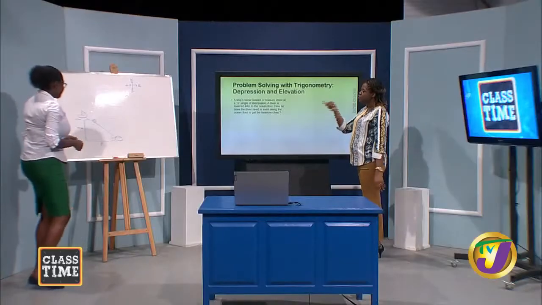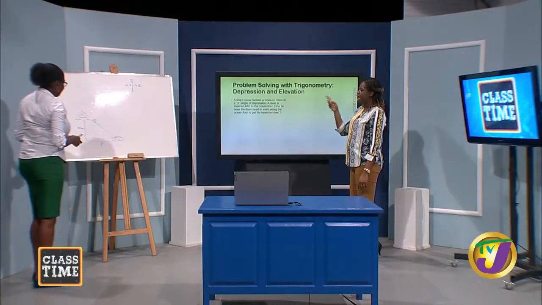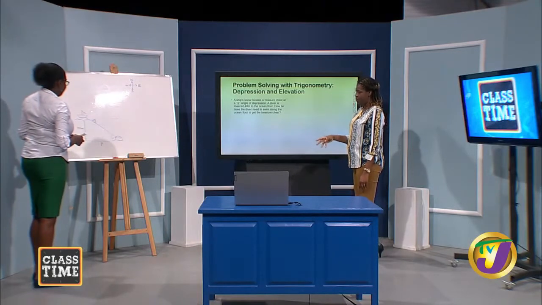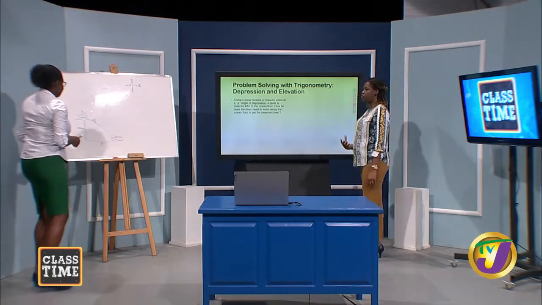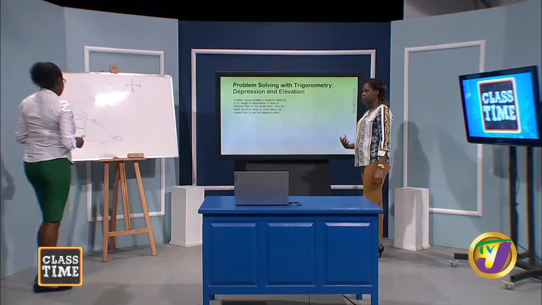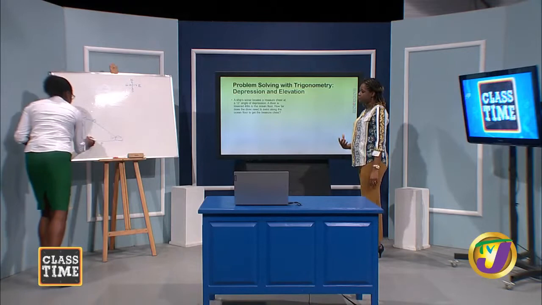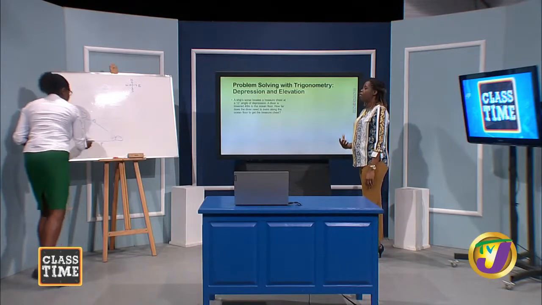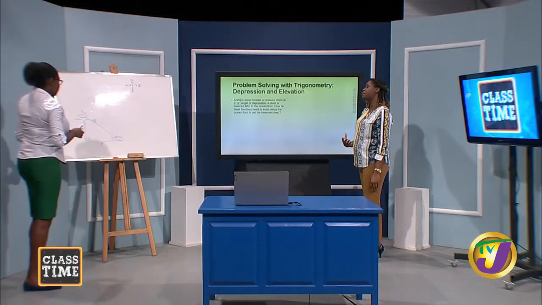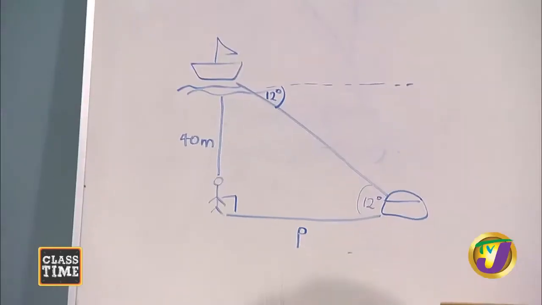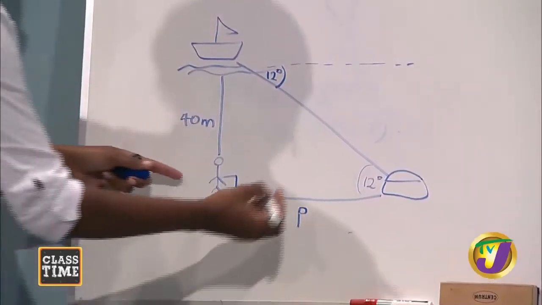So you have an angle, you're given a side, and you want to find a side. Which ratio could we use? Do we have enough information here? Yes, we do. This would be the right angle right there, so I have my right triangle. The hypotenuse would be here.